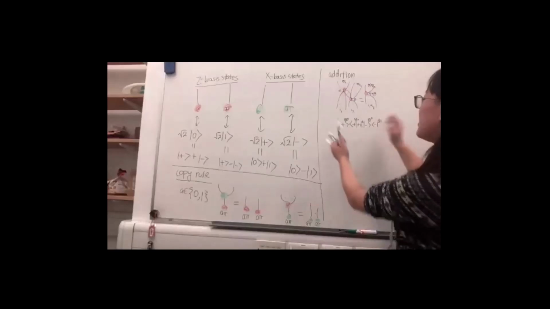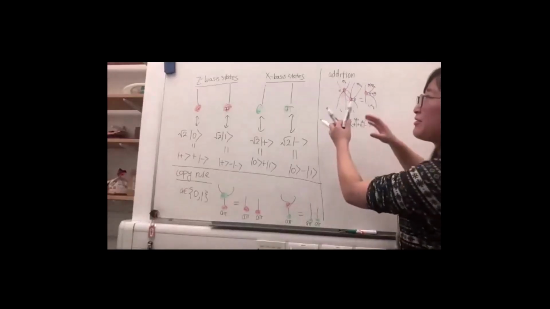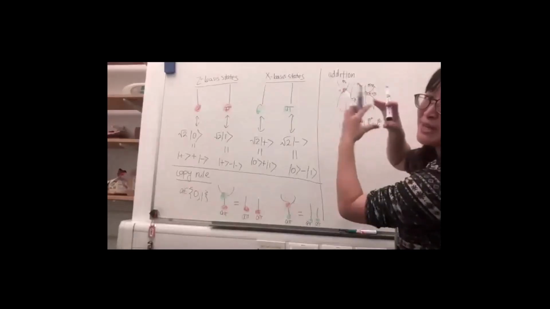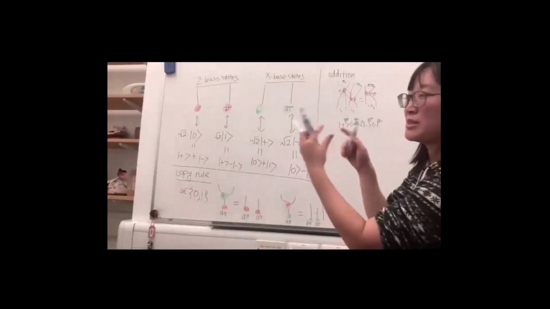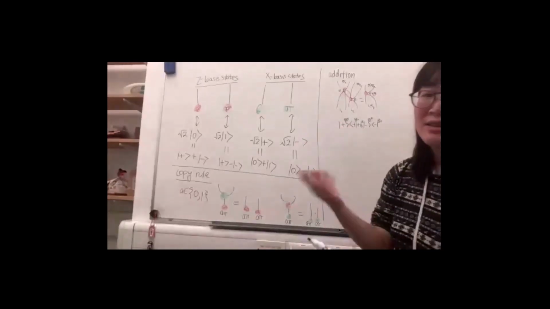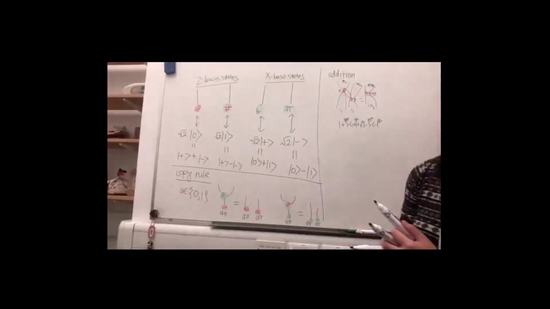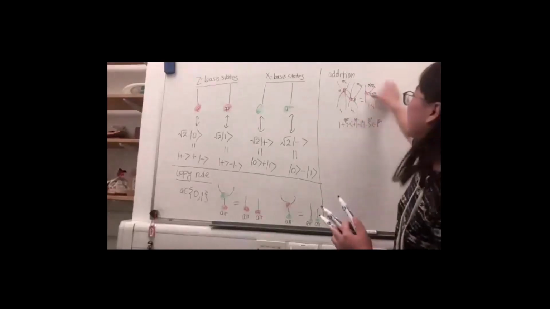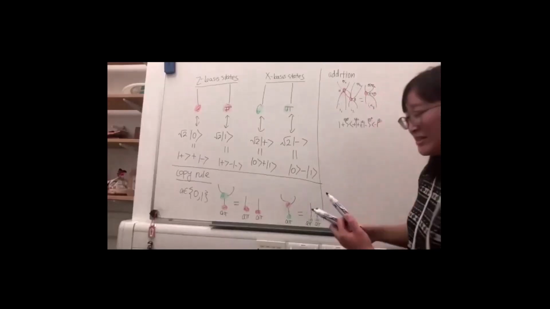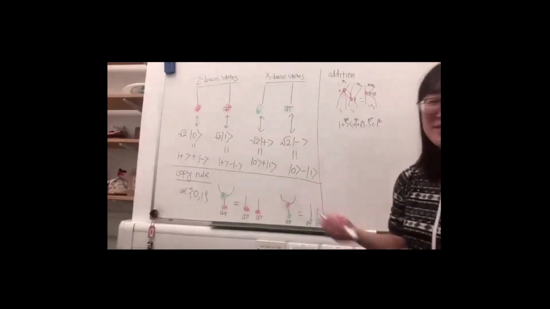When you do this multiplication, if you've got the inner product of plus and plus or minus and minus, then that's just the number one. And if you've got the inner product of plus minus or minus plus, then that's the number zero. Those terms that are zero go away, and that's why this is correct. You can verify it quite straightforwardly, but we don't have to do the calculation.